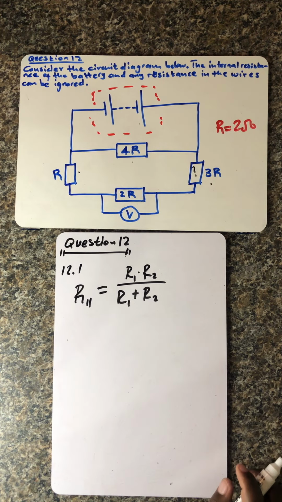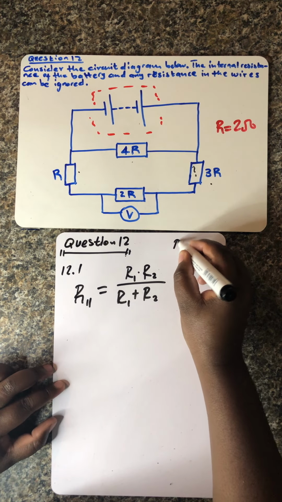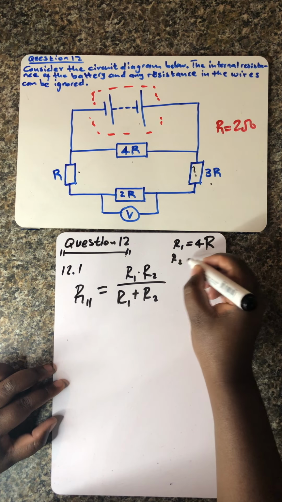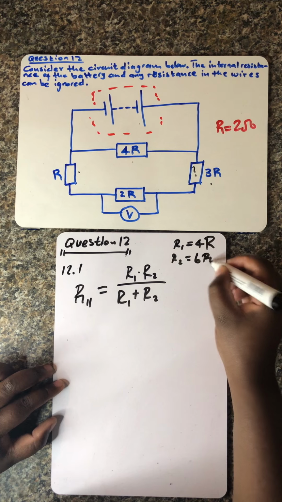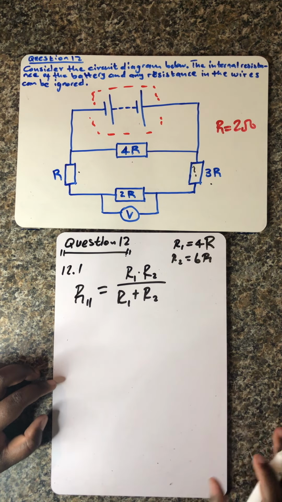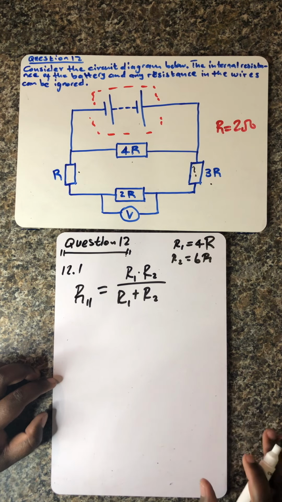Remember, we've got our R1 as 4R, and we've got our R2 as 6R. So this is the second option that you can apply.